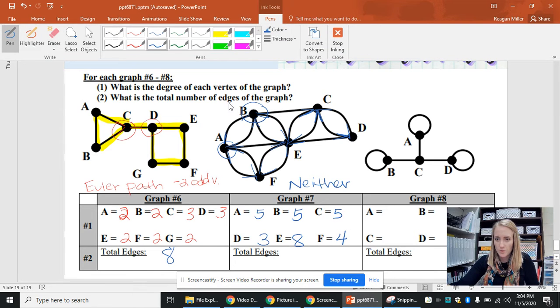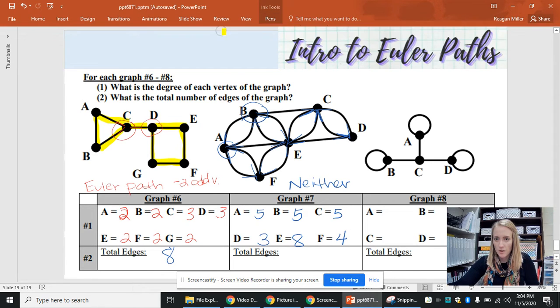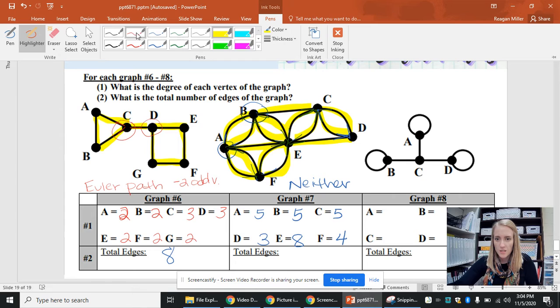See, this is a good example of having curved lines and not straight ones. So 1, 2, 3, 4, 5, 6, 7, 8, 9, 10, 11, 12, 13, 14, 15. So right here, you're going to have 15.